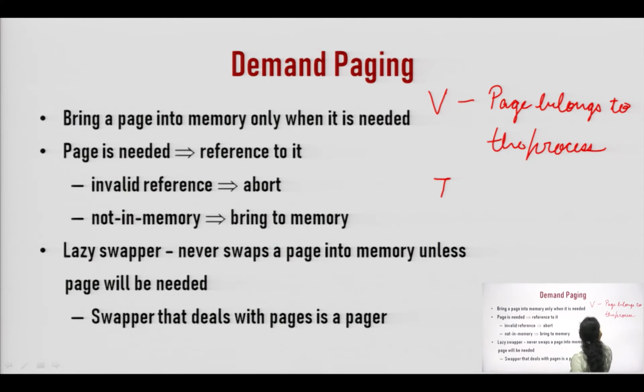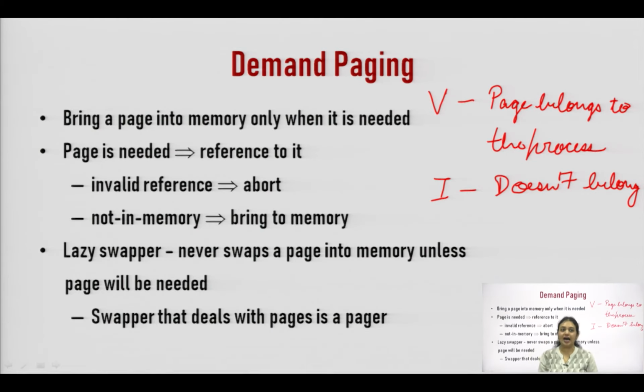If it is invalid, that means the page does not belong to that particular process and it is an invalid reference. Now, if the reference is valid, then we check whether the page is in memory or not. If it is not in memory, then we bring the page into the memory.